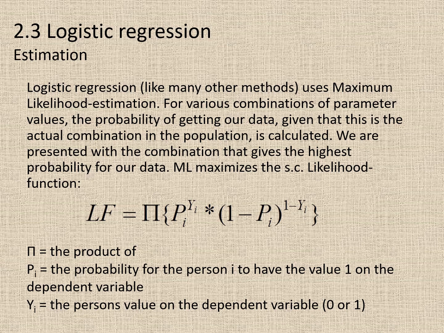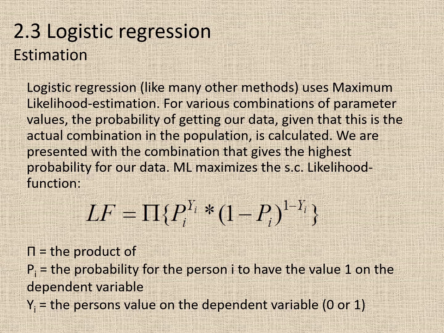So maximum likelihood. What this does is that for various combinations of parameter values, it calculates the likelihood of getting our data if that would be the true combination of parameter values in the population that the sample is representing.